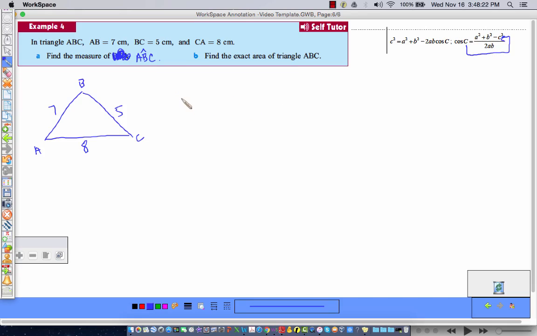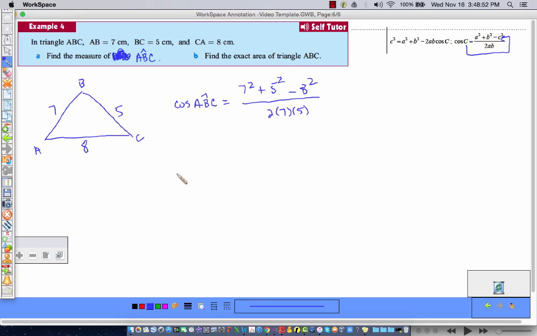Okay, so I can say here that cosine of ABC, which is essentially angle B, is equal to, and I'm not going to use the number opposite, I'm using the numbers that are included, 7 squared plus 5 squared minus 8 squared over 2 times 7 times 5. So just look at the relationship in the formula and then you can repurpose it.